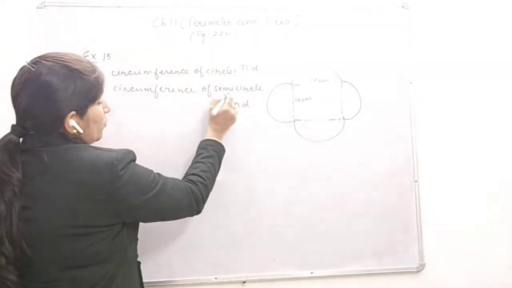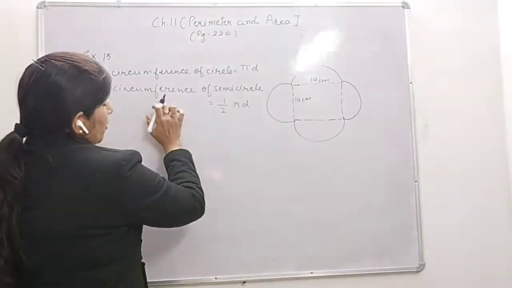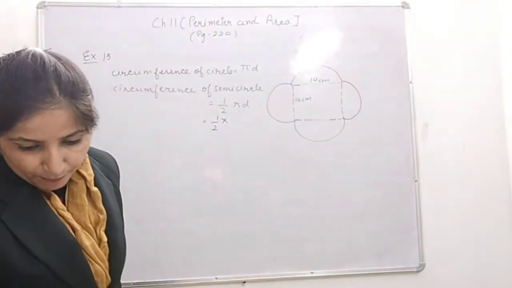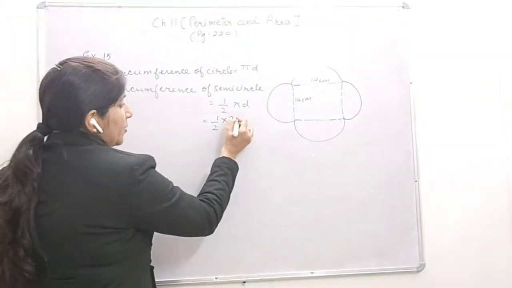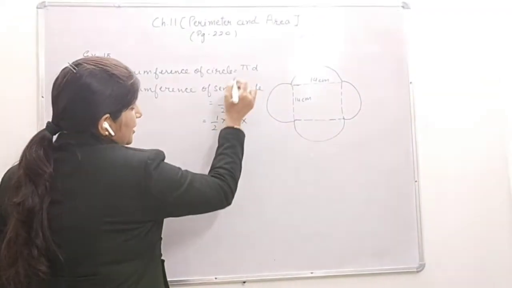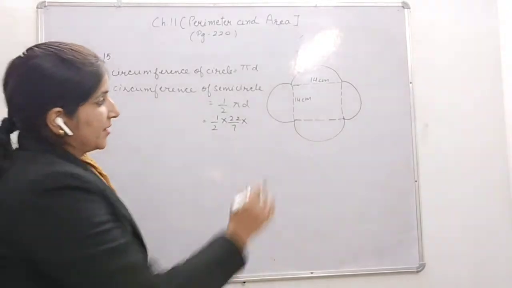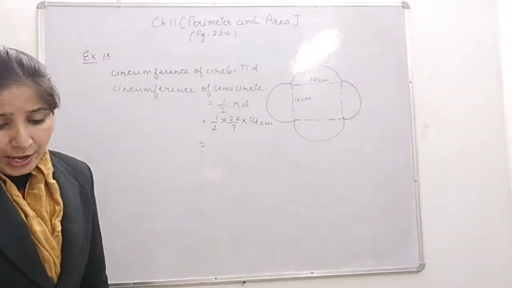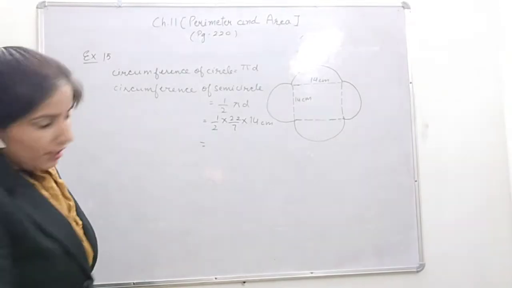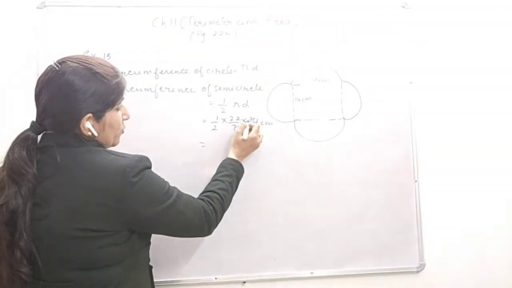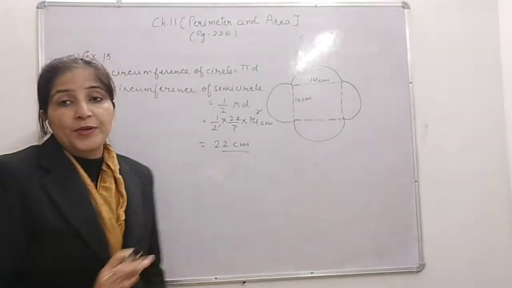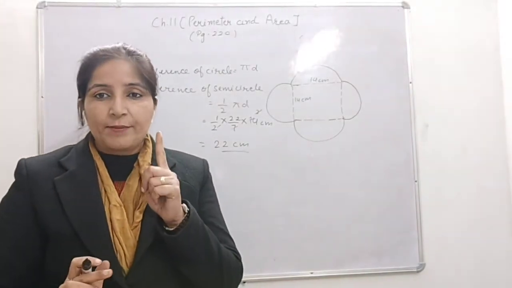If we want to calculate the semicircle circumference, then we need to put in the values. The value of pi given for this question is 22/7, and d is given to us, that is 14 centimeter. Now if we solve it, 7 2s are 14, 2 into 22, so 22 centimeter comes out to be the circumference of one semicircle.